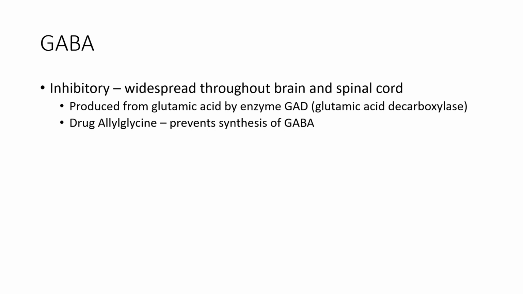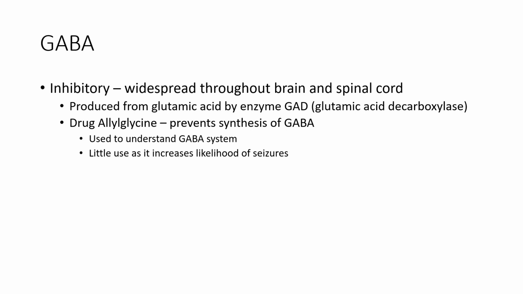It's never actually made. And again, we don't really prescribe this to patients for anything. We want to understand these systems more. So this is more of an exploratory drug, and it's meant to help us understand how the GABA system works in the body. We use it very little for patients because what it is likely to do is increase the likelihood of seizures. Remember, GABA produces an inhibitory effect.